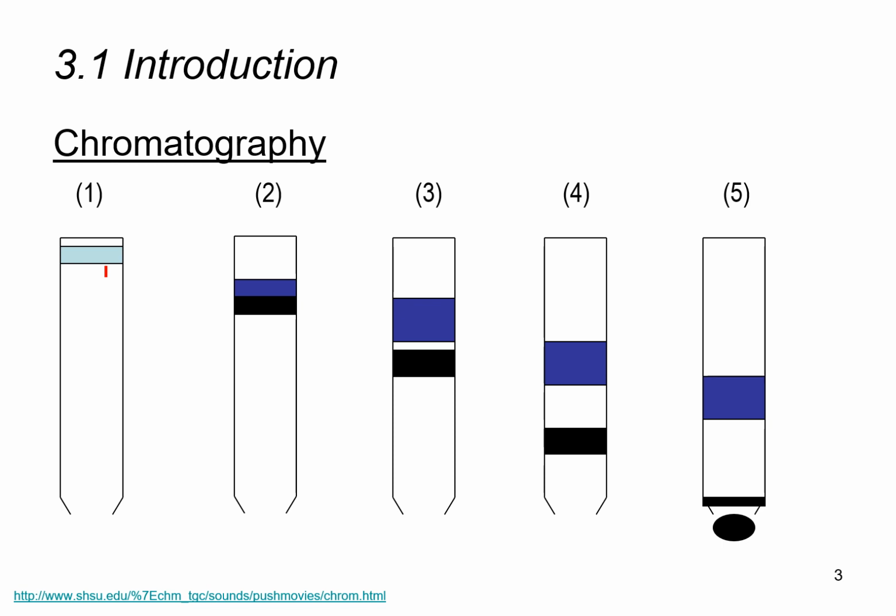So we can see that the dark blue component is starting to interact to a different extent as compared to the black component. The dark blue component is clearly interacting quite a lot more with the paper, and that is why it is being left behind as the sample mixture travels down the paper. The black color component is interacting quite little with the paper, and therefore it is flowing along quite quickly towards the bottom of the strip of paper.